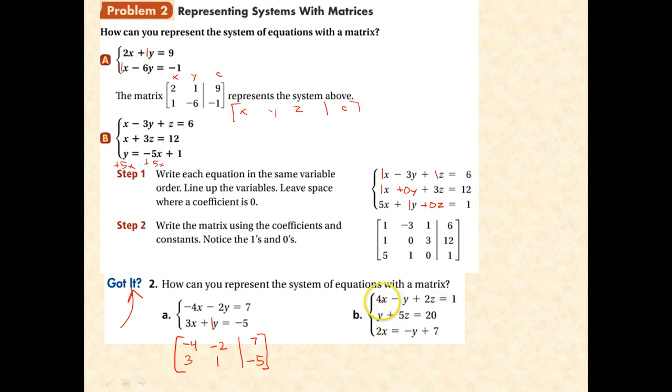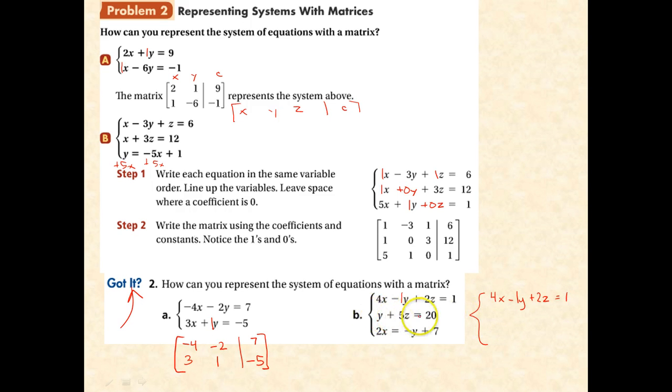For this one, I got 4x minus 1y plus 2z equals 1. So here, I'm going to rewrite this over here: 4x minus 1y plus 2z equals 1.